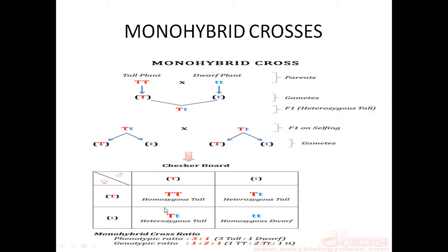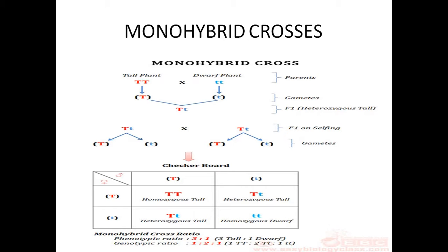The first one is homozygous tall, capital T capital T. Then it produces the other plant, heterozygous tall, capital T small t.